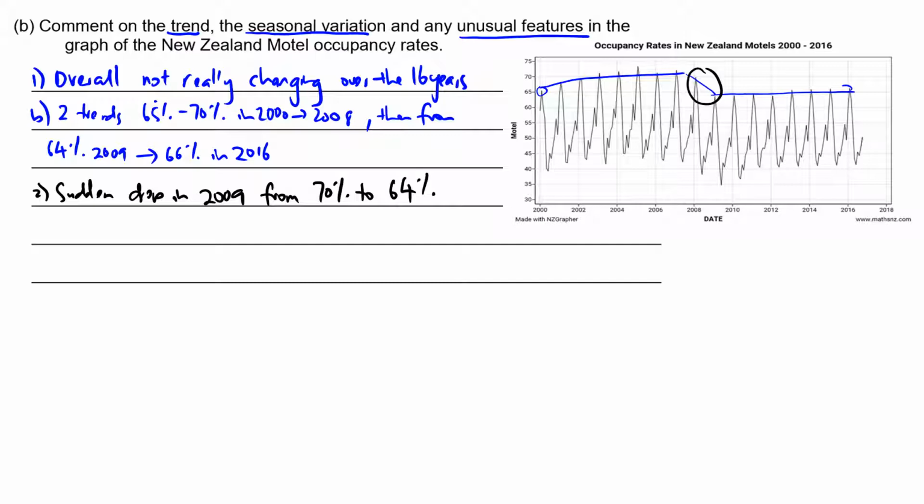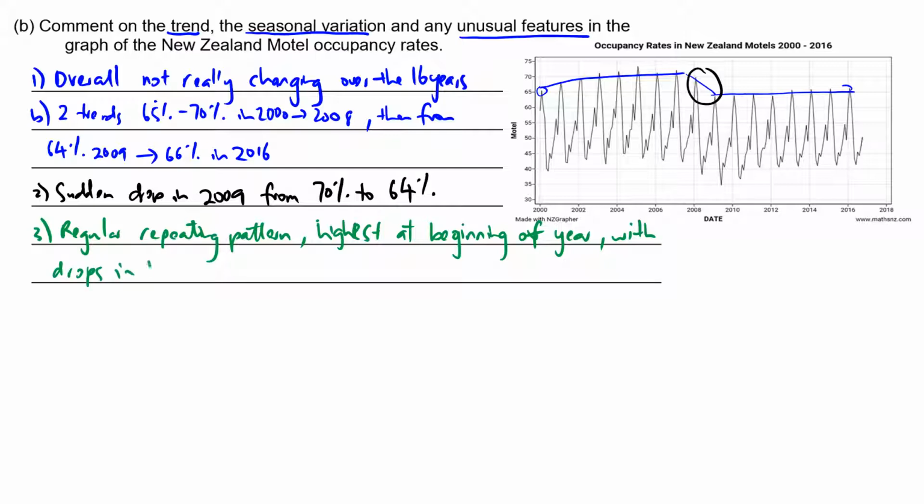Okay, other things, other common things you were probably able to give would have been the regular repeating pattern, which is highest at the beginning of the year, with drops in the middle, possibly due to our climate. Saying something like that.